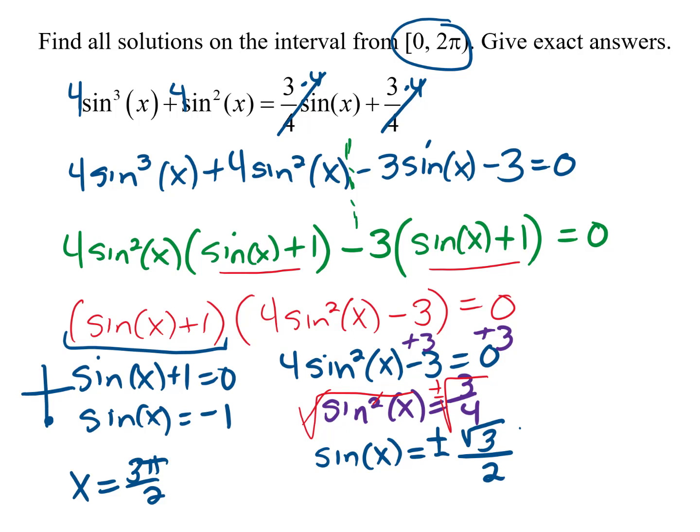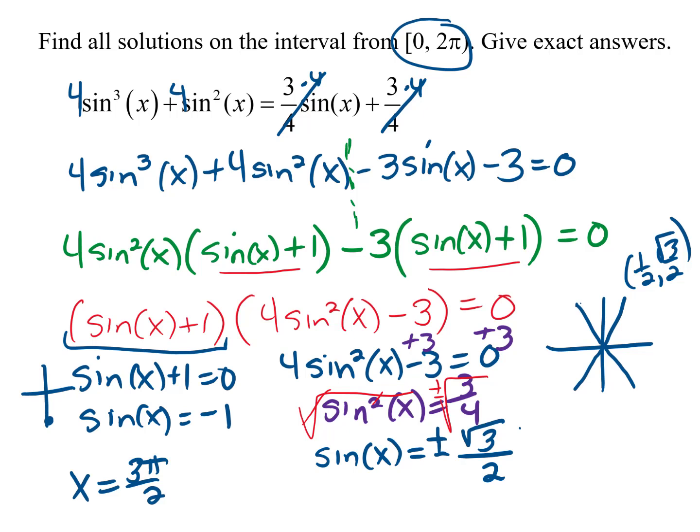So now I can recognize that. It said exact answers, and those are unit circle values. I need to just give all of the angles whose sine is either square root 3 over 2 or negative square root 3 over 2 because of that plus minus. So thinking of the unit circle, the square root 3 over 2 is the bigger value, so it's going to be right here where this is 1/2 and square root 3 over 2, and then it's going to be also here, here, and here, because in quadrant 2 it's negative 1/2, but still square root 3 over 2 for the y.